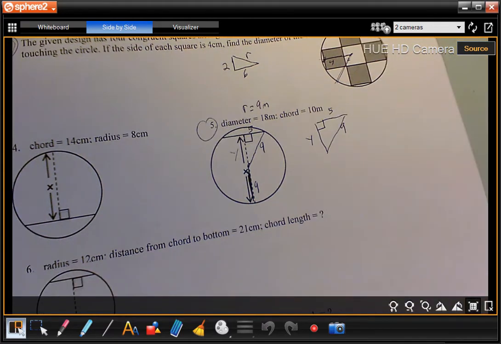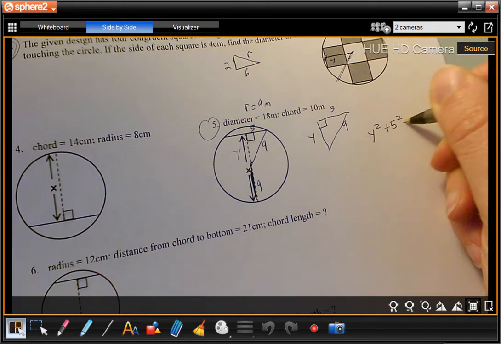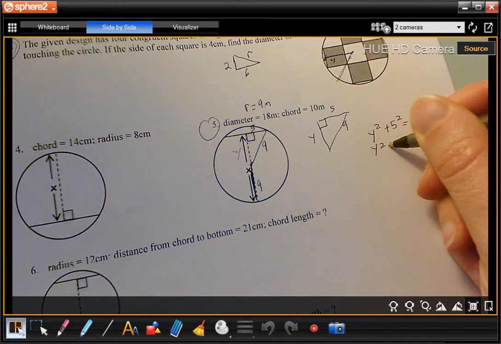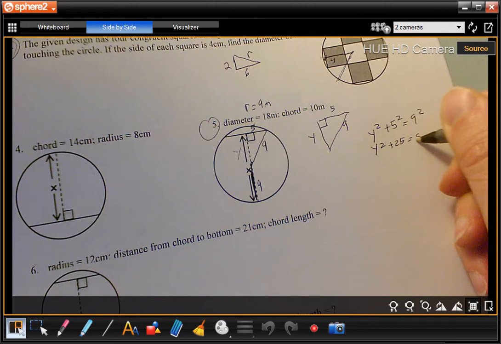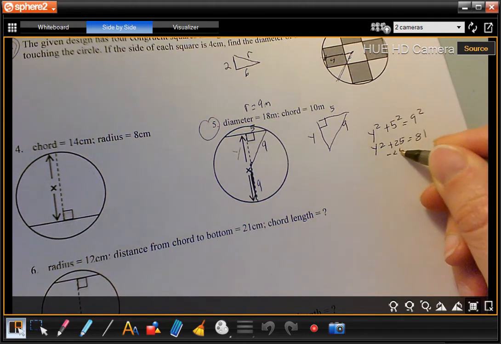So again, I'm going to use Pythagorean theorem. y squared plus 5 squared equals 9 squared. y squared plus 25 equals 81. Now I'm going to subtract 25 from each side.